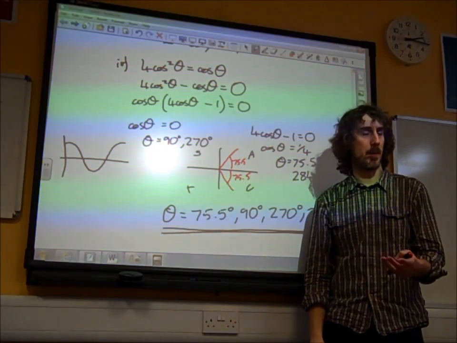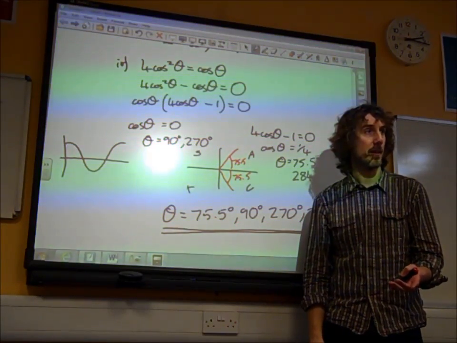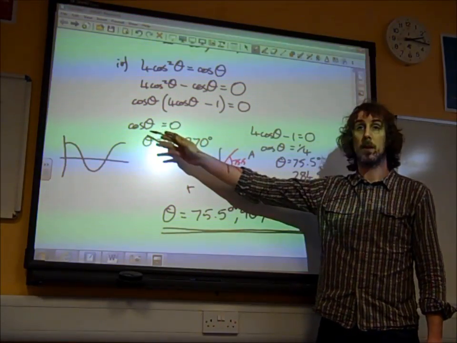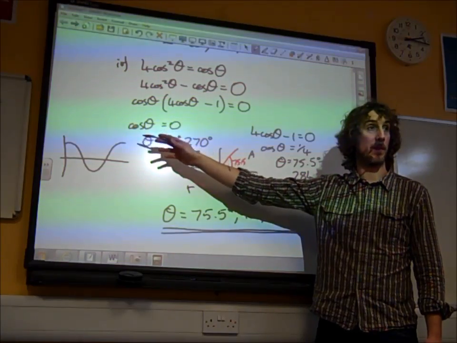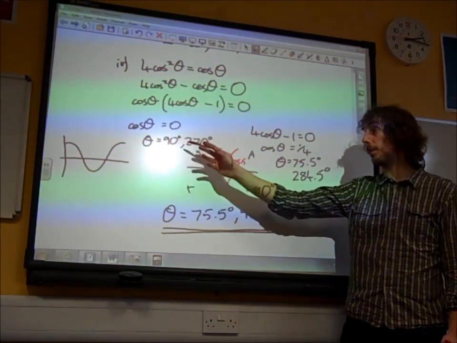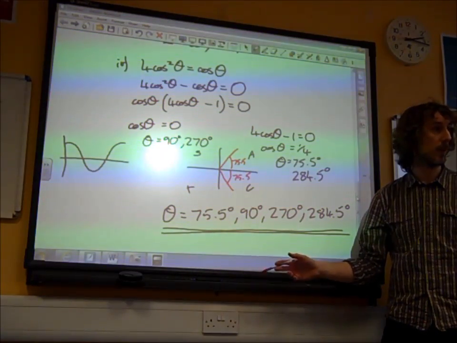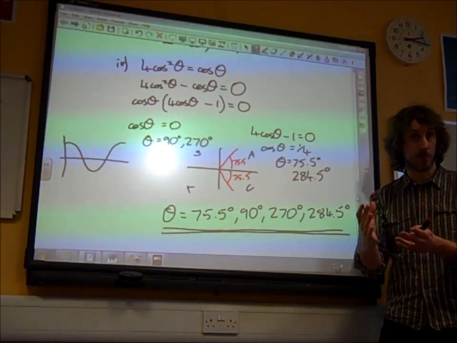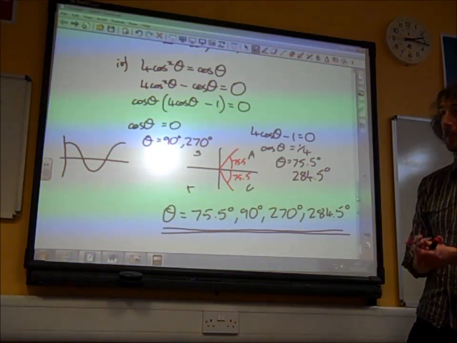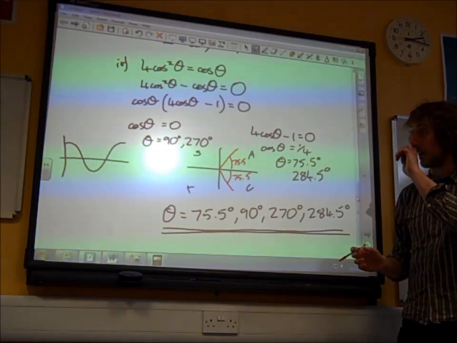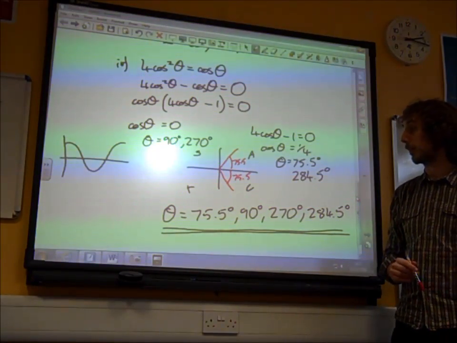So we can't divide by the variable just in case it's equal to 0. And in this case, cos theta being equal to 0 provided 2 of the solutions of our equation. So it would have been a really bad move to have divided by it. We lose solutions. You had to factorise rather than dividing through.